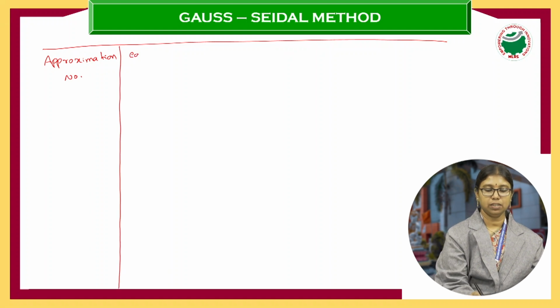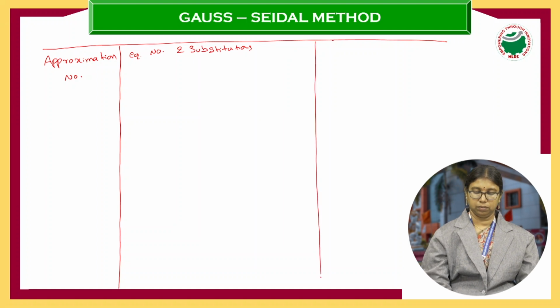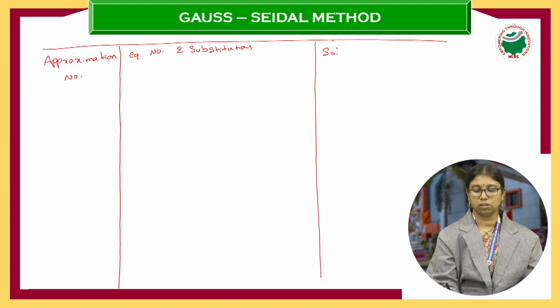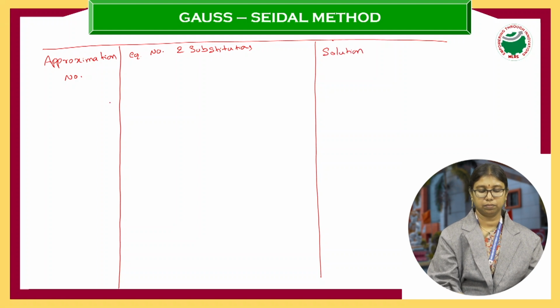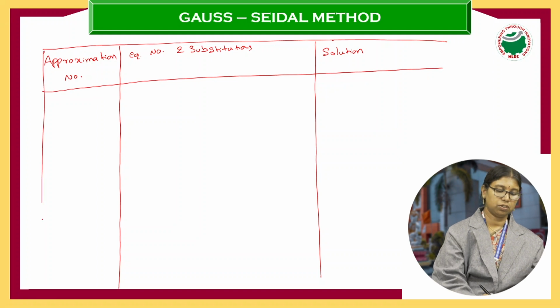Your second column is equation number and substitutions. And your third column is the solution. So these are your columns.